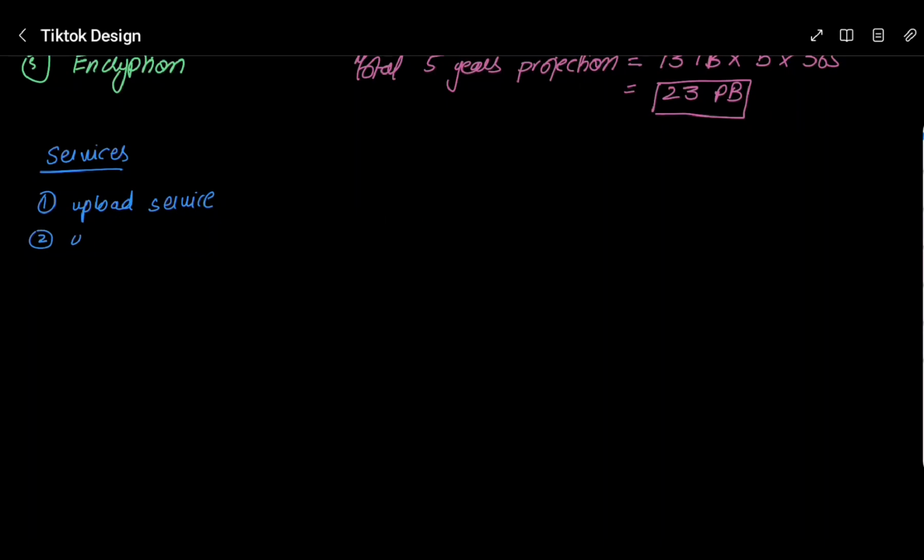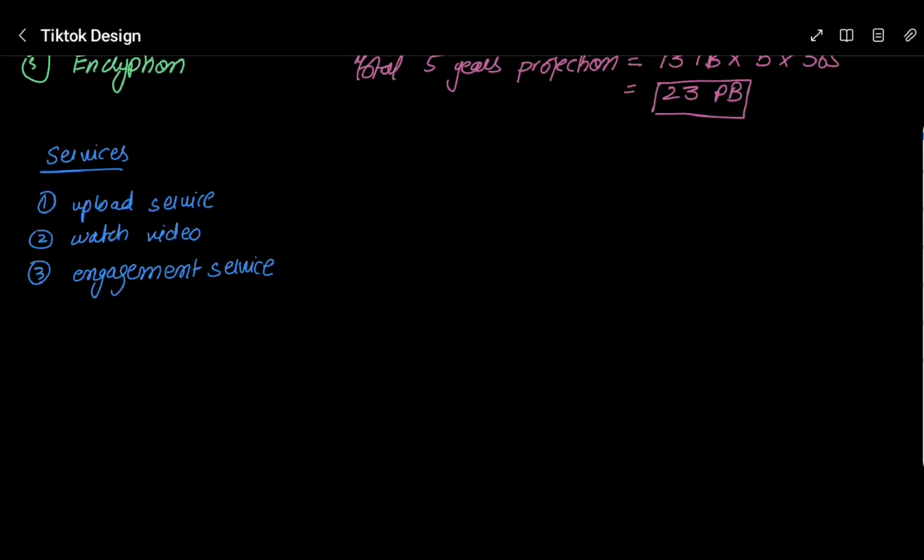Then we have a watch video service. And third, we have an engagement service. So now we have this functionality divided.